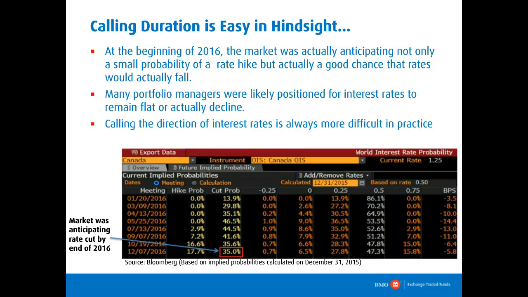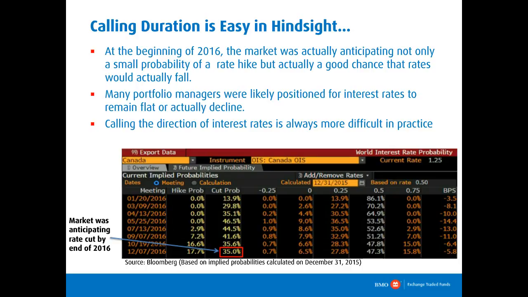At the beginning of 2016, if you look at interest rate futures and what the market was implying, 35% of the market was actually calling for an interest rate cut. Only a small portion, about 17.7%, was calling for a rate hike by the end of the year.